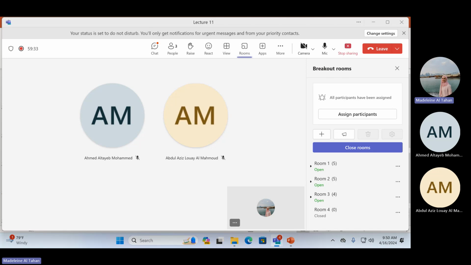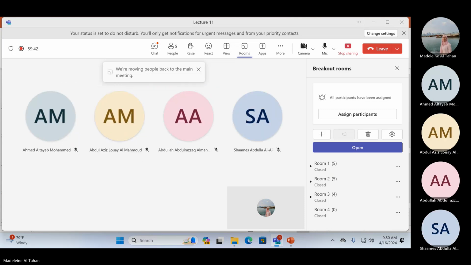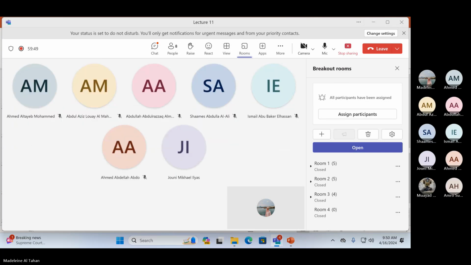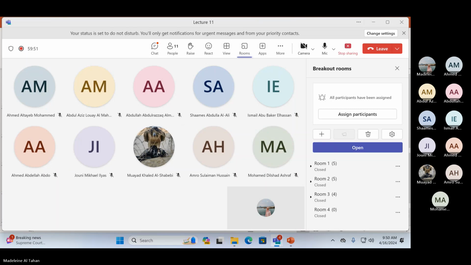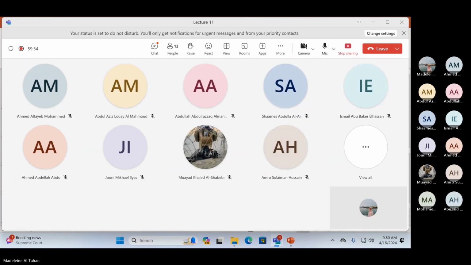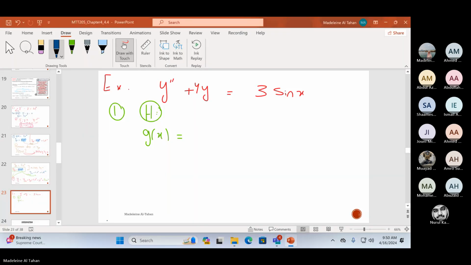Let's go back. Okay, so room 1, where did we reach? Who were in room 1?